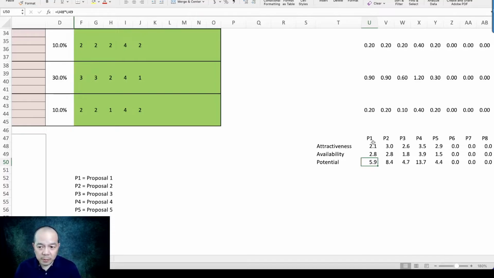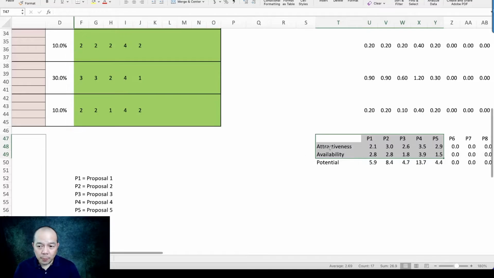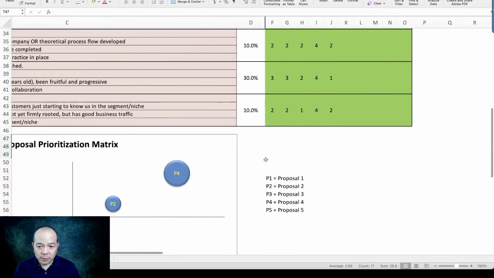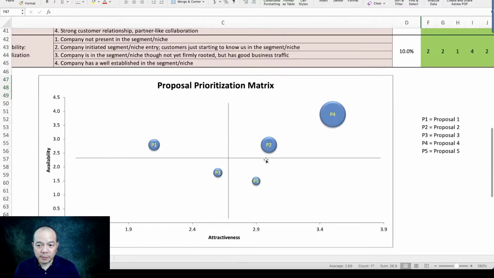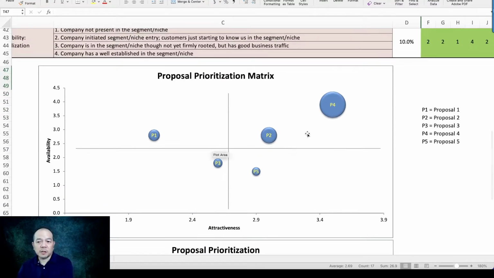And what these numbers, attractiveness and availability, will do for me here is this. I now have this bubble chart. I can see where proposals 1 through 5 fit in this chart.